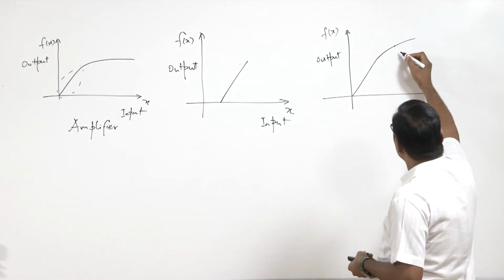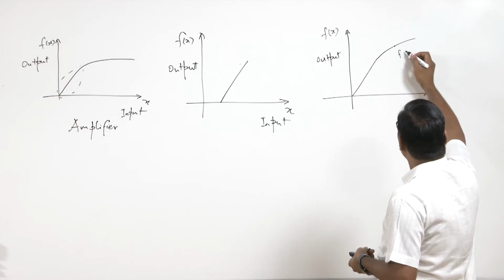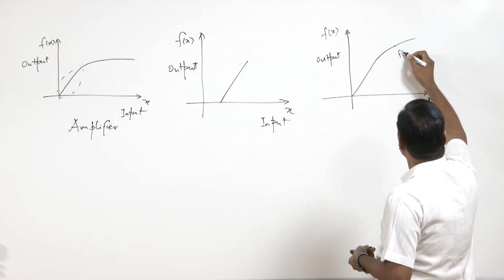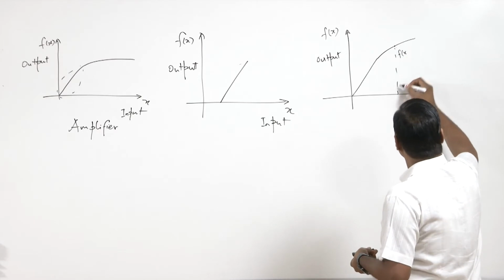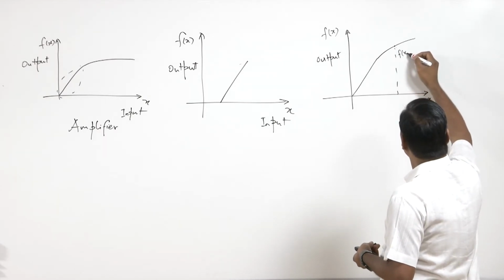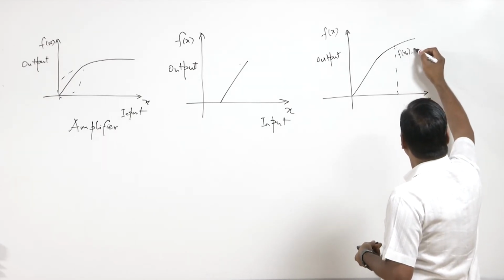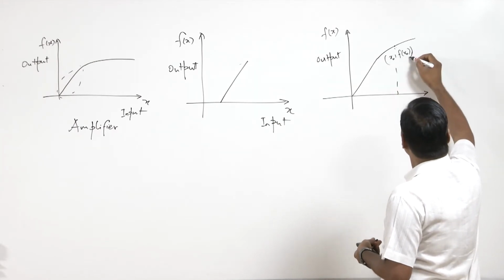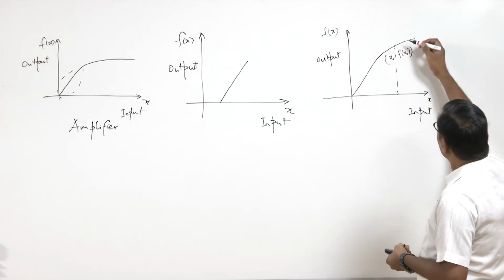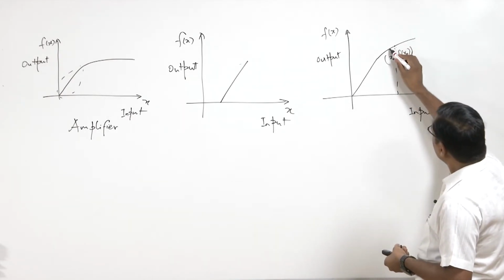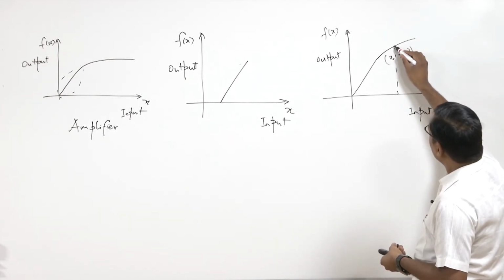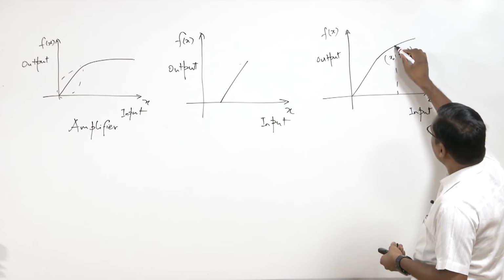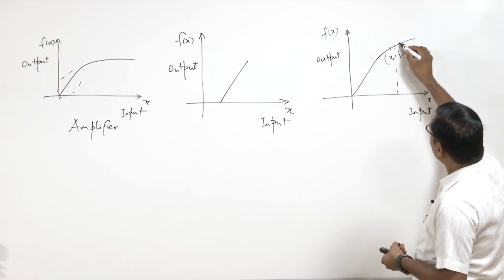So this nonlinear range, suppose this is some point f(x0) at x0, and the system is operating about this point and in a certain range.